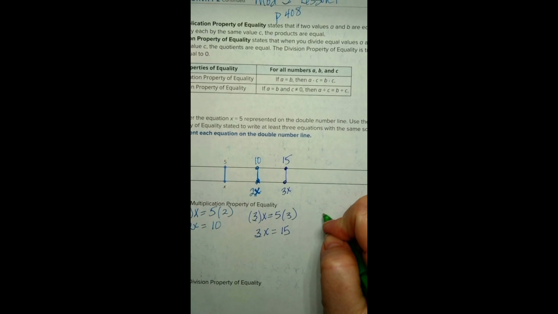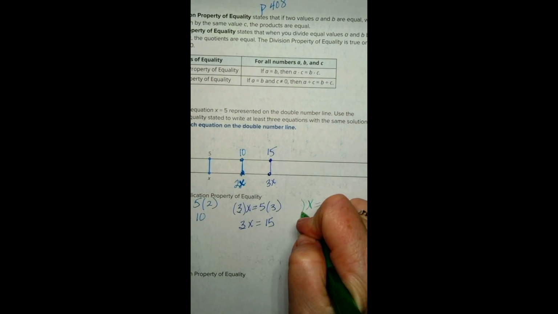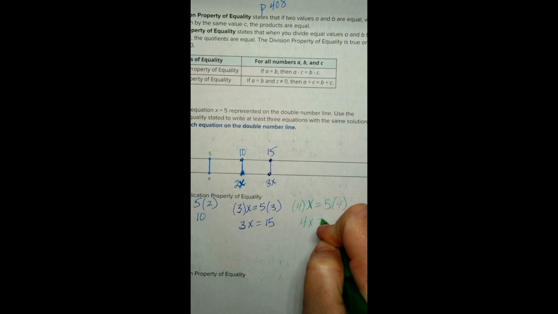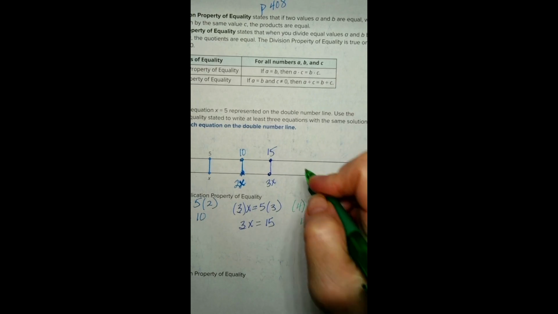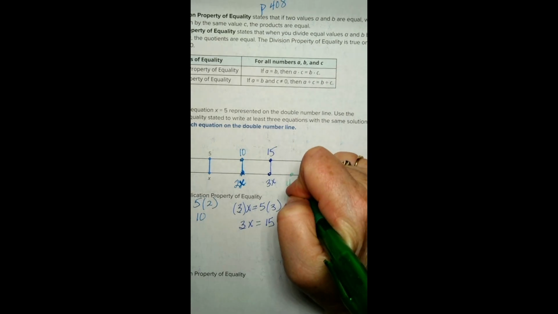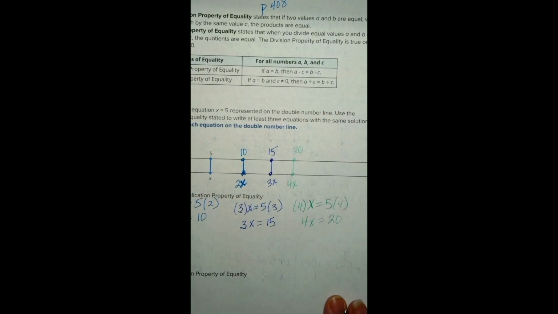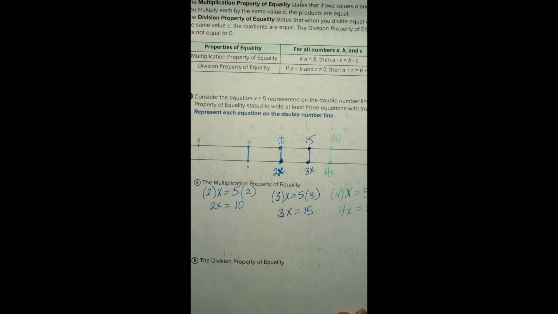And then let's do one more. X equals 5. Let's do 4 times each of those. So 4x equals 20. That might be here. Okay, excellent.